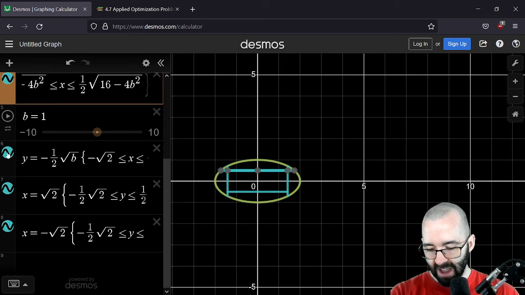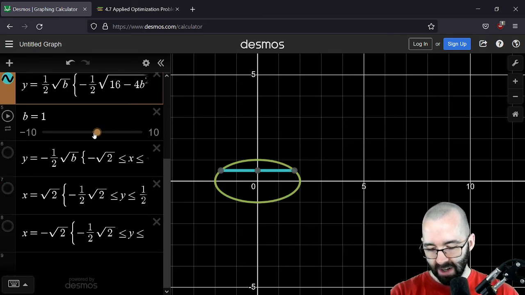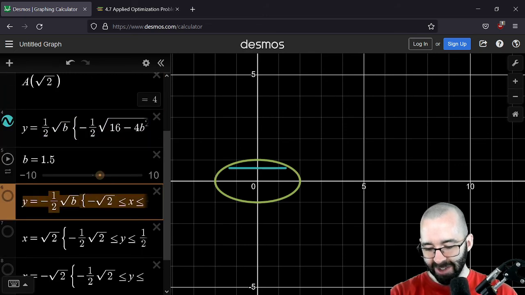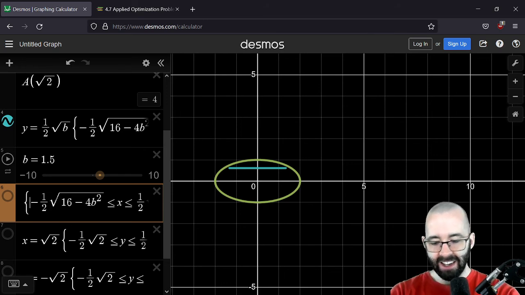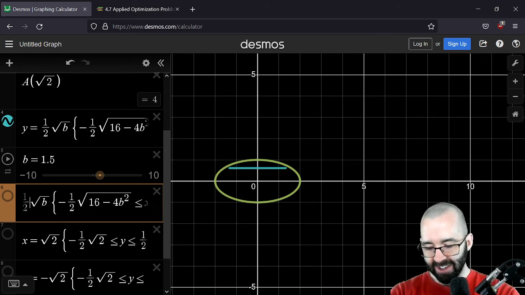Let me see if that piece is right for any rectangle. Yeah, good. So we have that for the first rectangle, and then the negative of that for the second rectangle.